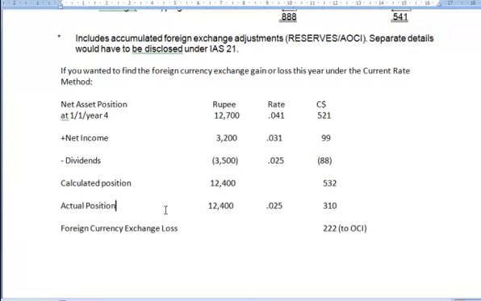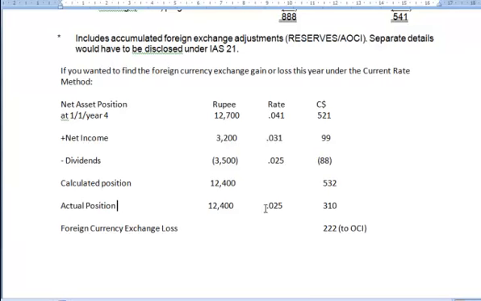Now, if we compare that to the actual position, we would go and have a look at our net asset position on the balance sheet at the end of year 4 for the foreign sub. If we look at that, we get common shares and retained earnings of 12.4 million rupees. Right?